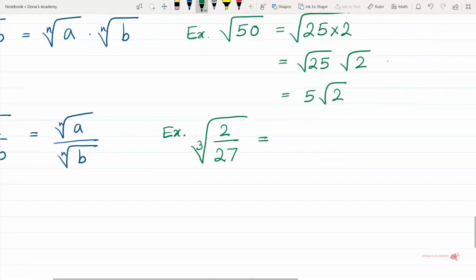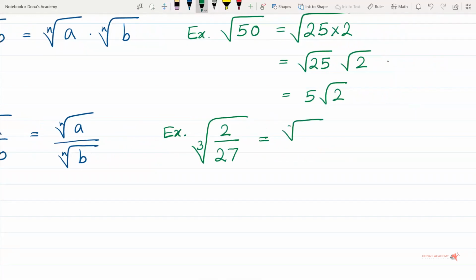If you use this law, this is the third root of 2 divided by the third root of 27. Now, what is the third root of 27? You know that 3 to the power 3 is 27. So this should be 3. So we can simplify this into this.